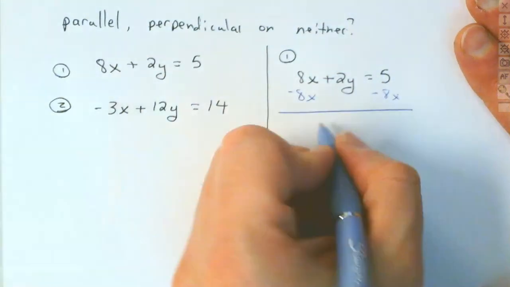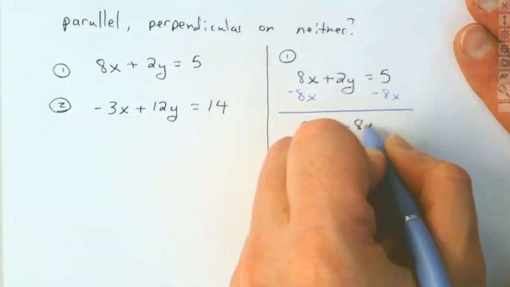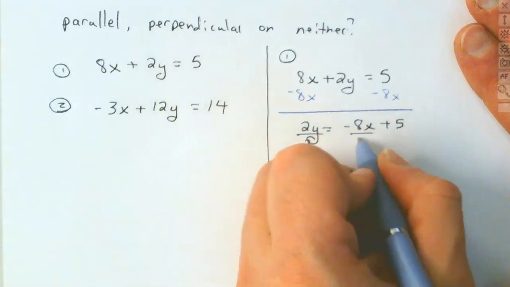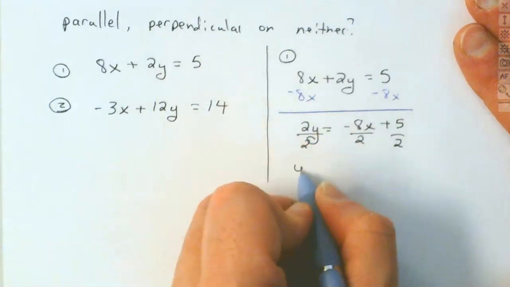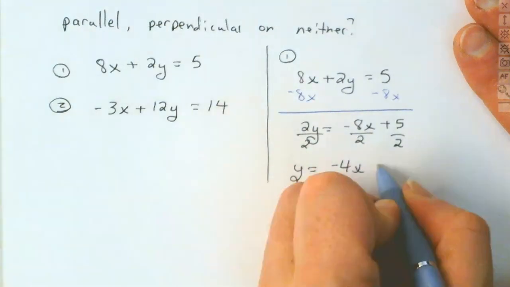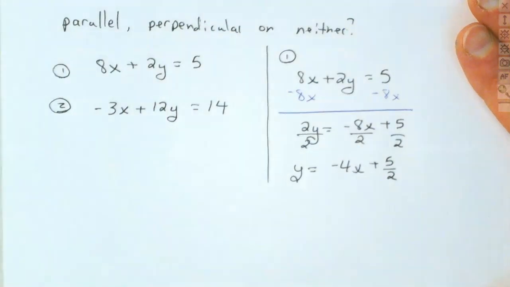and that leaves you with 2y equals negative 8x plus 5, and we divide it all by 2, and we now end up with y equals negative 4x plus 5 halves, and we now know that my m should be what?